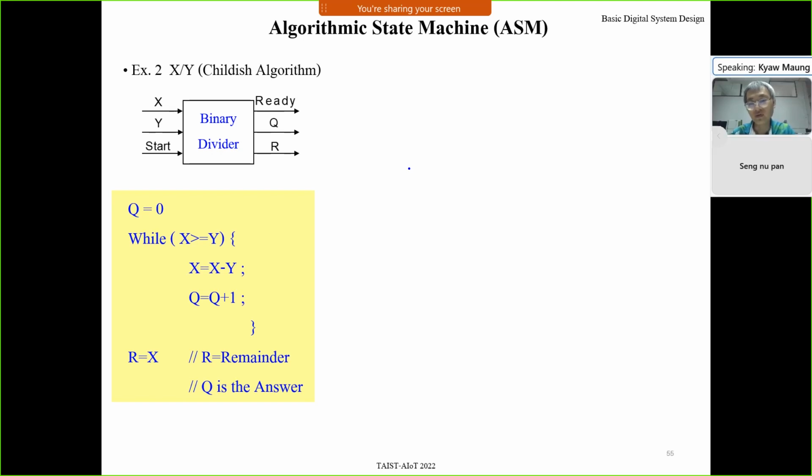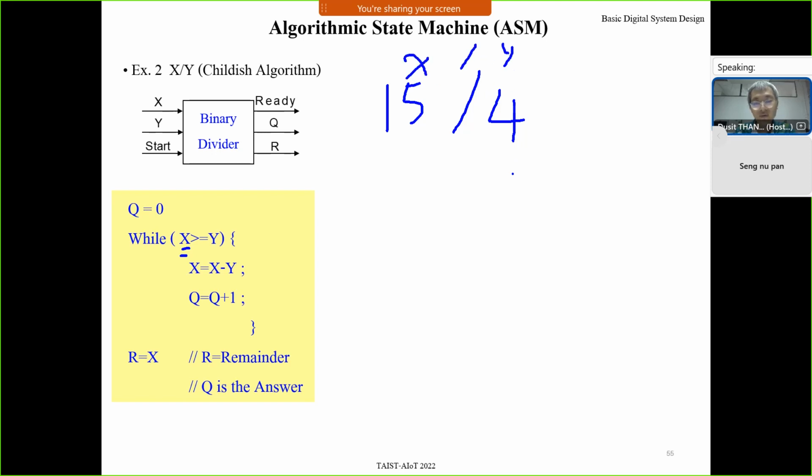For example, I now want to do binary division based on this algorithm. If I do division 15 divided by 4, now x is 15 divided by y is 4.